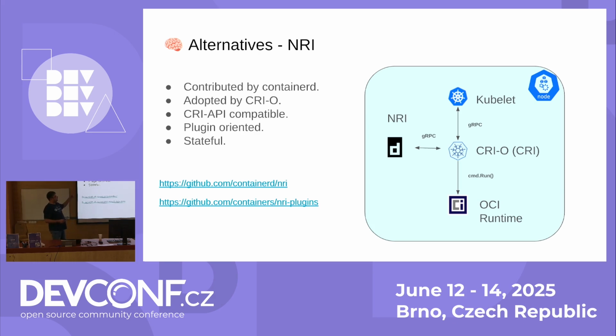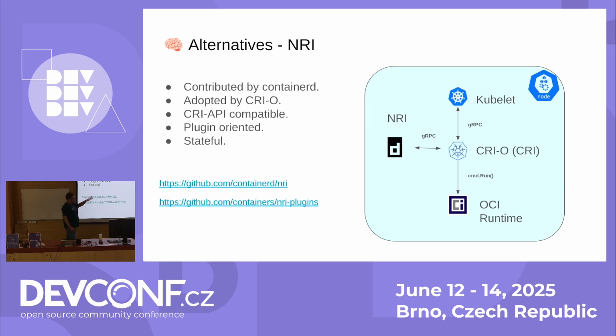Because of the container state that the container engine holds, you can hook every request from kubelet to NRI, and NRI can modify anything related to the container resource and send it back to the container engine. And then the container engine will be synced with what you want to do because of the gRPC protocol, because of the NRI API.